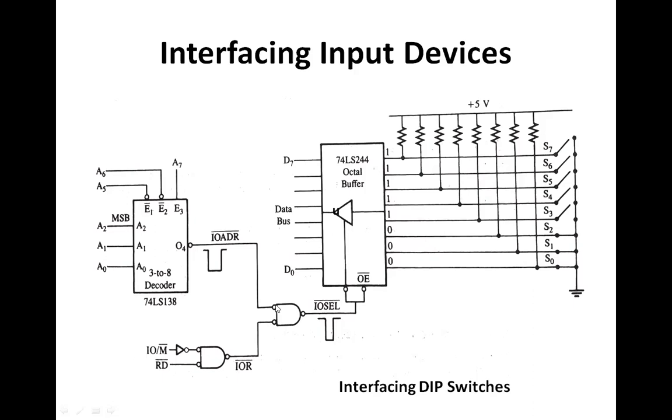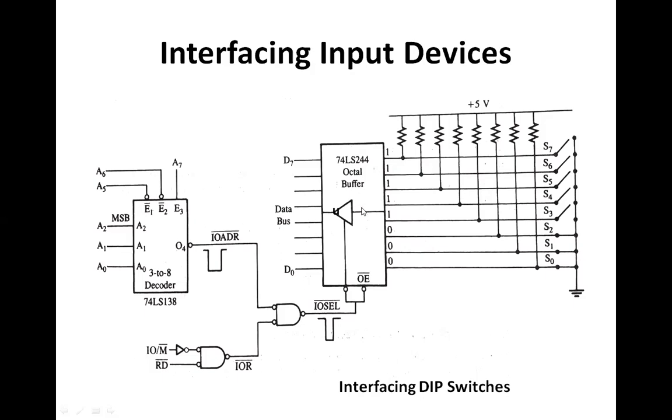So here we are interfacing an input device which is actually a DIP switch. 8 DIP switches are being connected with that particular circuit. And this circuit includes, first of all, the 74LS138, that is the decoder circuit.